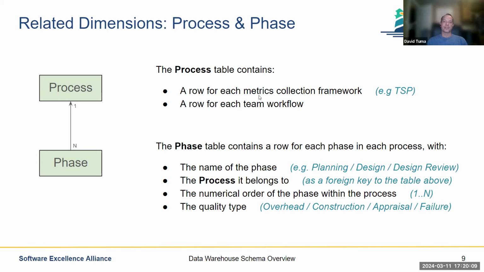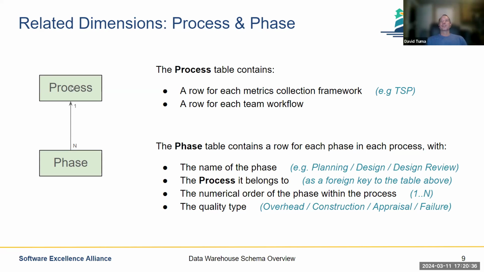And so each metrics collection framework has one row in this table. And then each workflow that a team builds in one of their project WBSs also gets a row in this table. So when you define a workflow in your team project called course module development, then there's going to be a row in the process table with the name course module development.